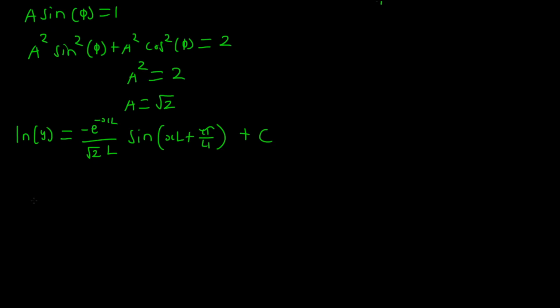Now we want to exponentiate both sides. So y equals, if you apply the exponential function to the c, we can drag it back out to the front for some constant again, b maybe. And then this is just the exponential function of this chunk here.